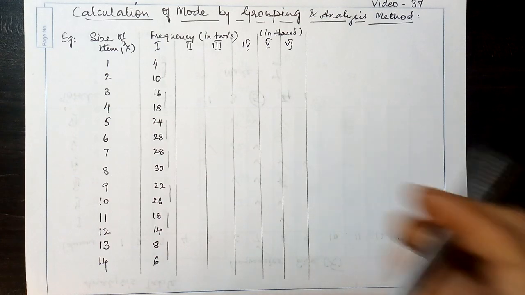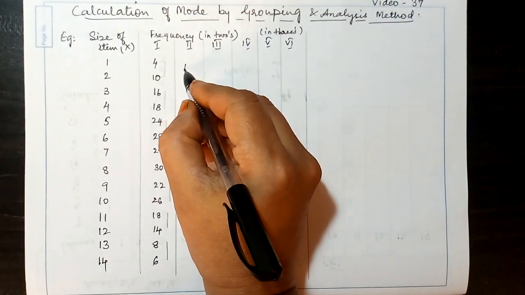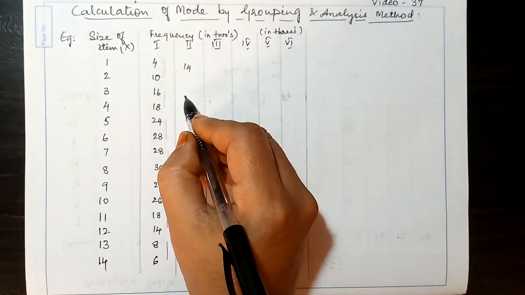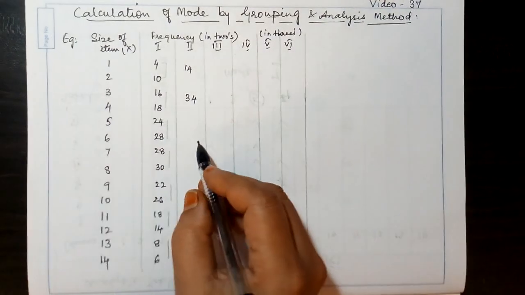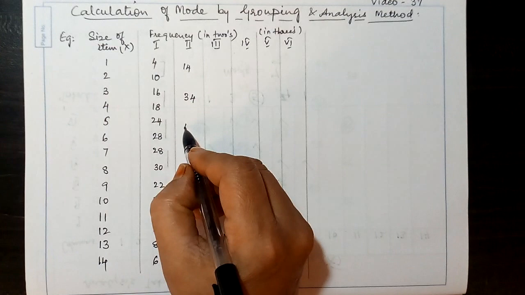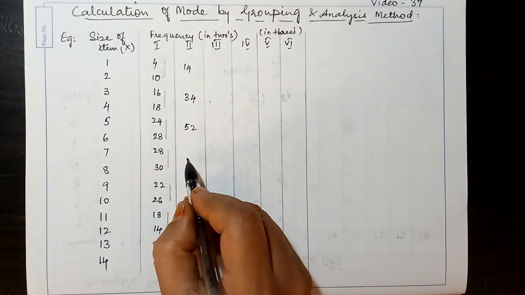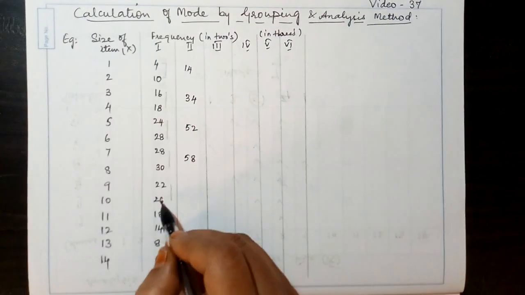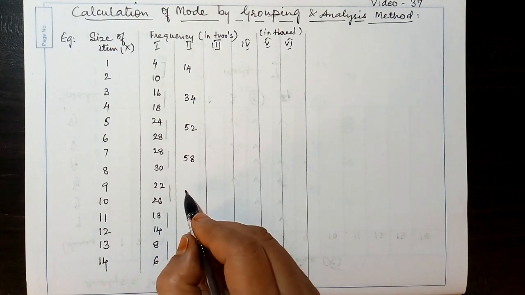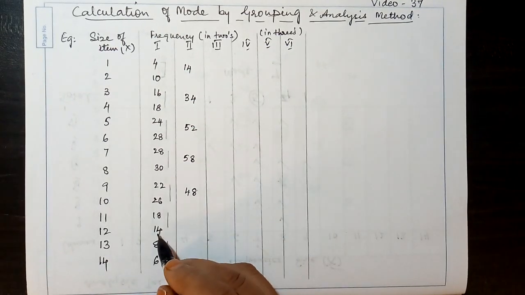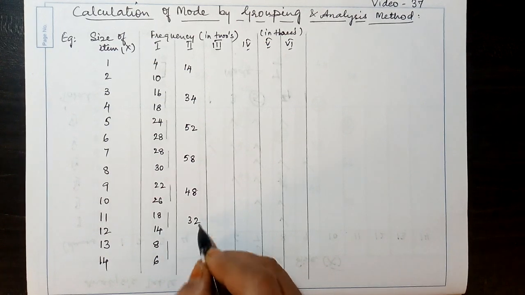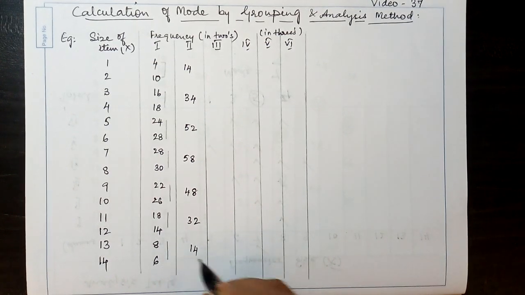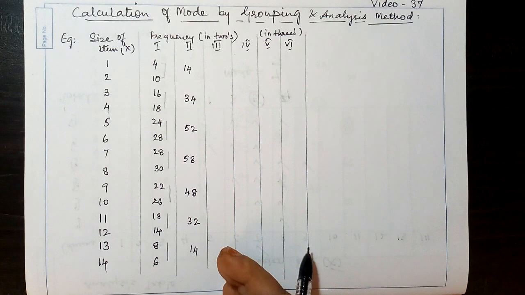So let's add them. 4 plus 10, 14, 16 plus 18, 34, and then we have 24 plus 28, 52, 28 plus 30, 58, 22 and 26 gives us 48. Then 18 plus 14 gives us 32, and then 8 plus 6 gives us 14. So this is how we will add in twos.